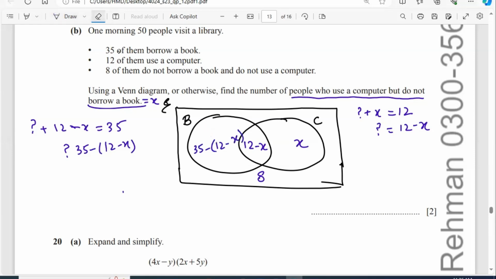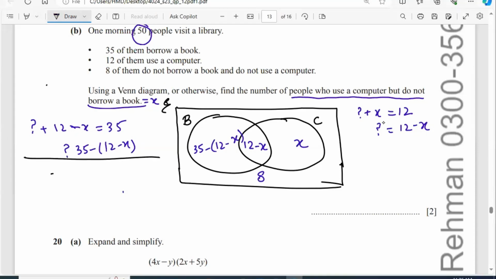Now the total, how many total people? There are 50 people here, so the whole rectangle is equal to 50. So I'm going to write solving.